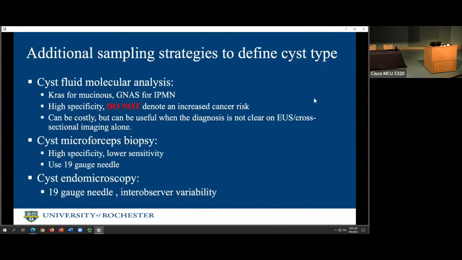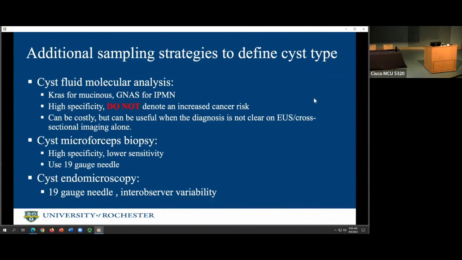So these can be costly, but can be useful when the diagnosis is not clear based on EUS or cross-sectional imaging alone. You can use the microforceps. This goes through a 19 gauge needle, again has a high specificity, but you have to be careful. There is a risk of bleeding, but again, large volume prospective studies are needed to further evaluate its safety and efficacy.